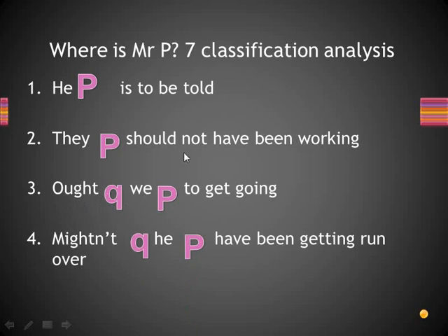Now let's try to analyze this into 7 classification of verb. Okay, let's see. What is the person of this sentence? The person, we have here is and he, so the person is third singular. And the phase is simple. And the aspect is also simple. And then what about the tense?